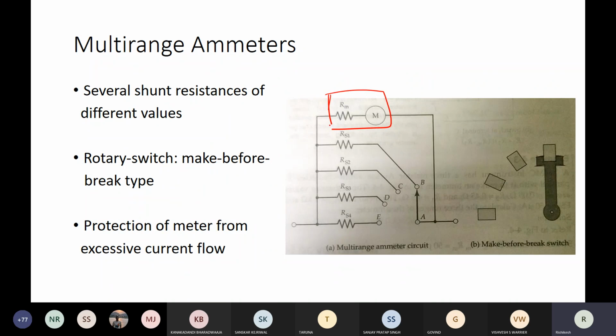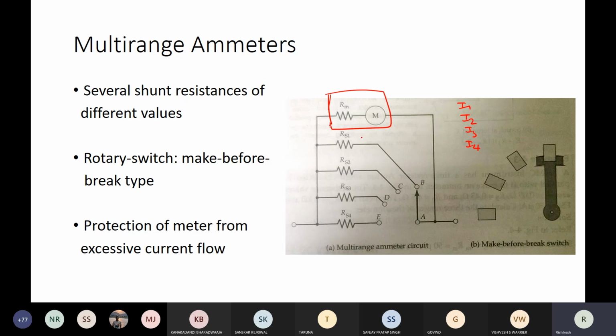Of course, the calibration should be appropriately done for the given meter, and for each case it should work fine. What we mean by that is, let's say I1, I2, I3, and I4 are the four values of current ranges.